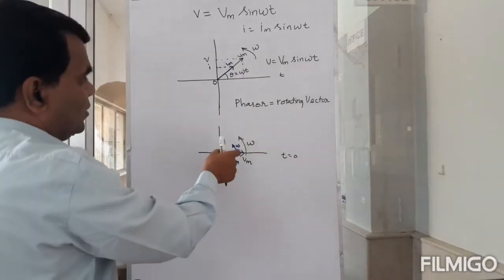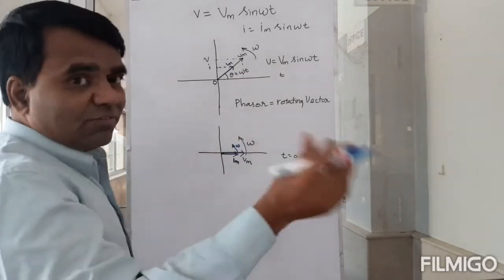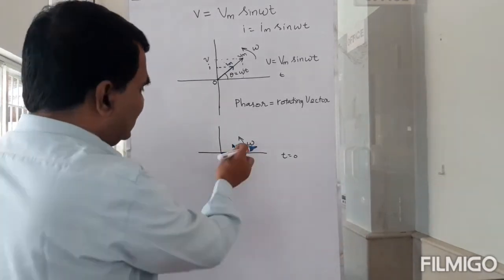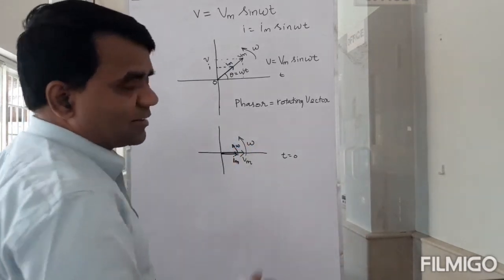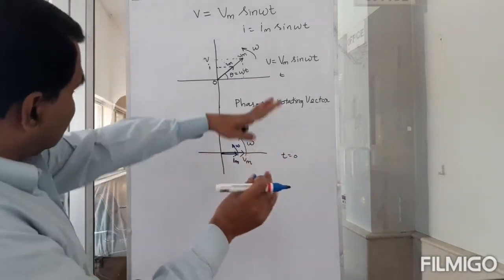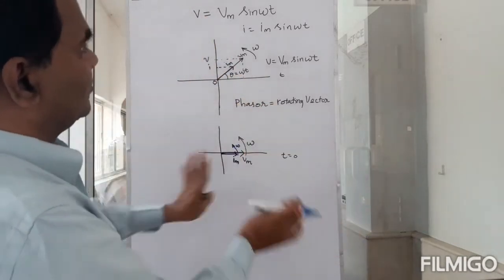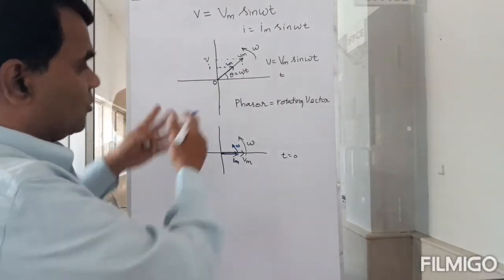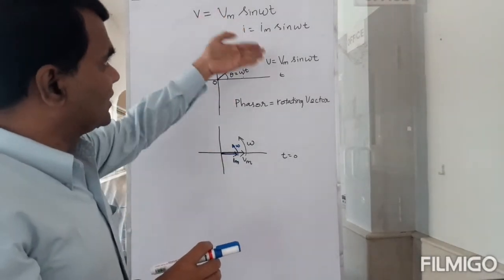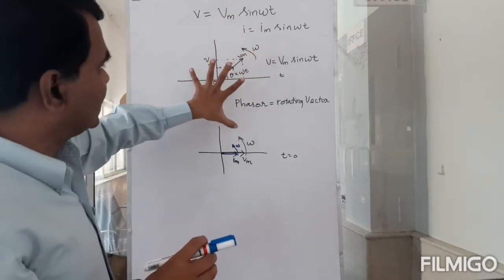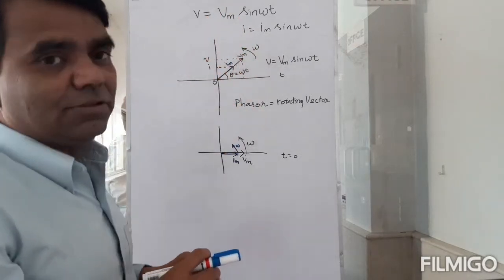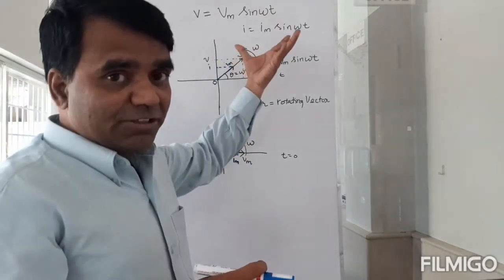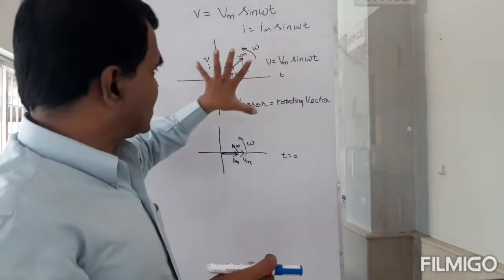At time t equal to 0, the value of V is the projection of this, 0. The value of I is the projection of Im on the y-axis, 0. So you can clearly see this pictorially, rather than in mathematical form. The phasor diagram helps you get the same information pictorially.